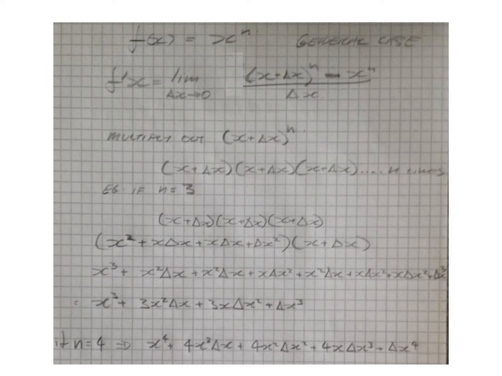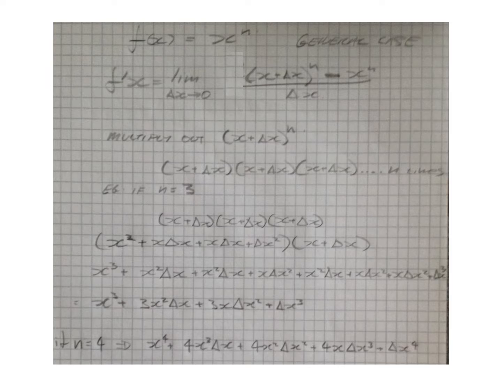Can you guys see this? When I multiplied out the whole sets of brackets and simplified it, I got 3x squared delta x plus 3x times delta x squared plus delta x cubed. Okay, so do go over this and see if you can get it right. I've made a mistake somewhere in the one I was doing on the board.